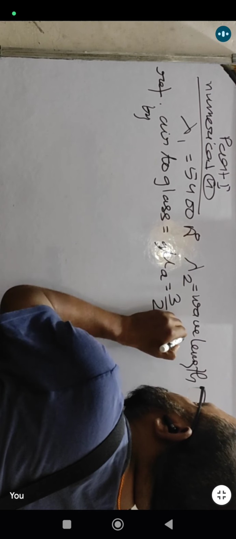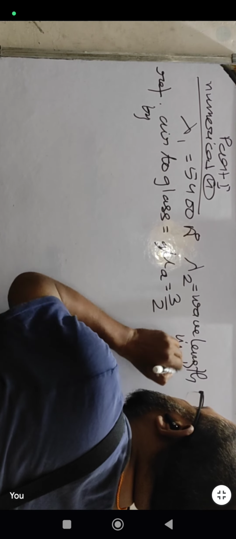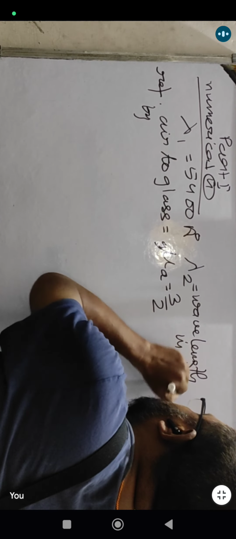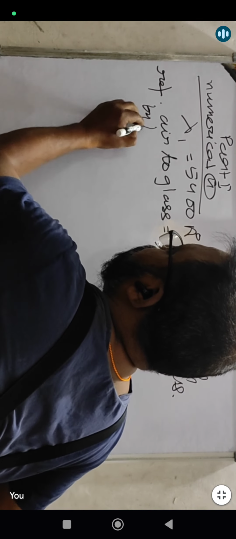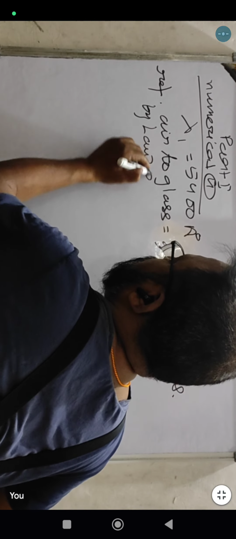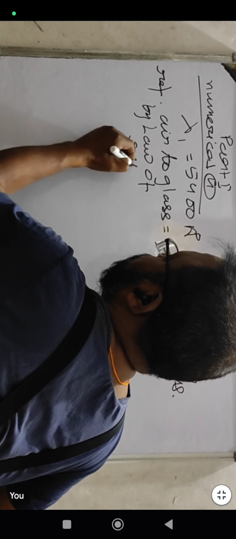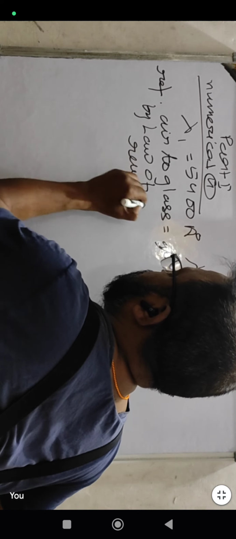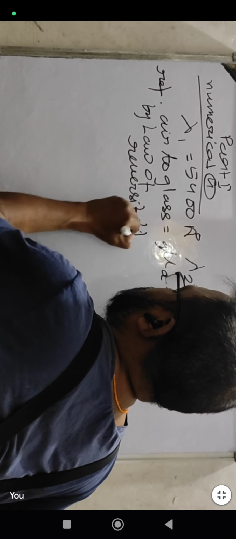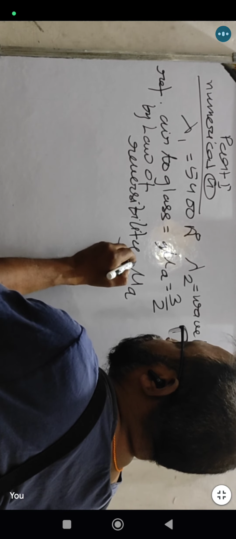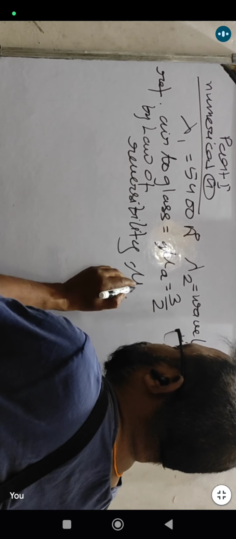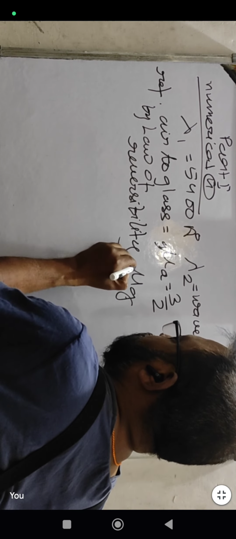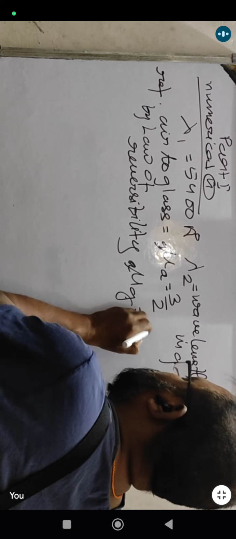So by law of reversibility, the refractive index of glass with reference to air will be 2 by 3.